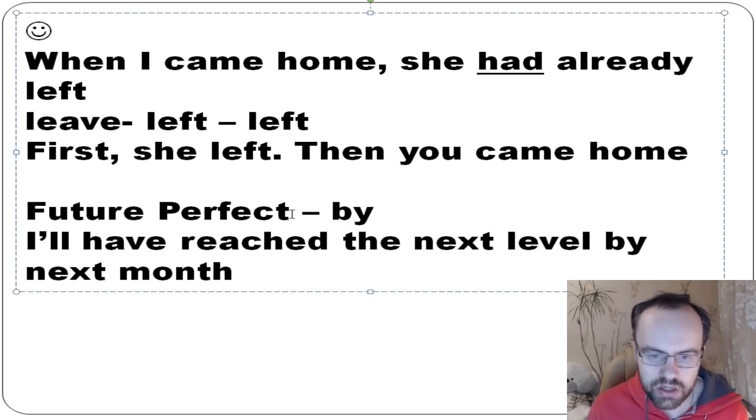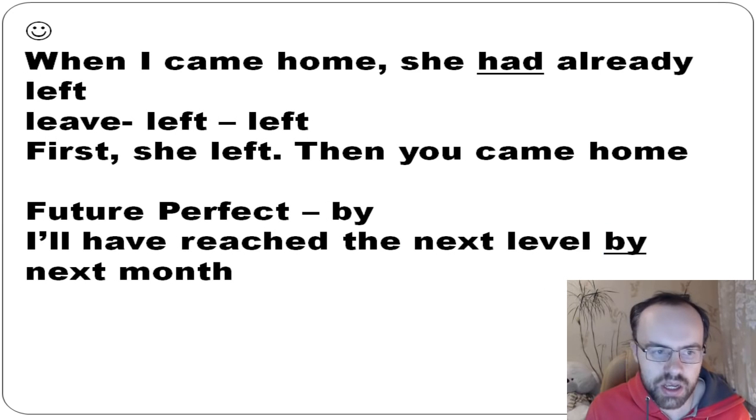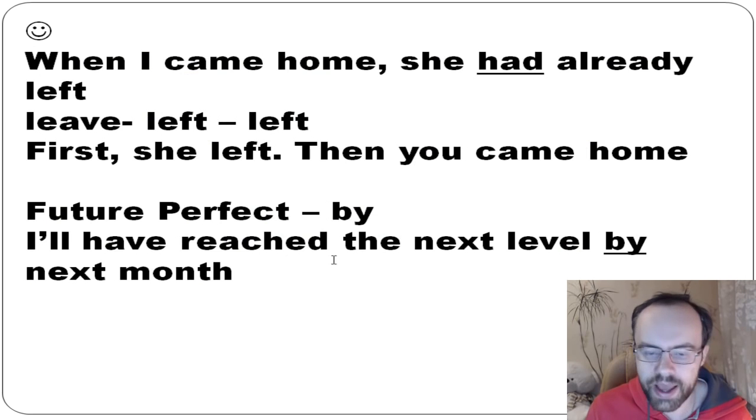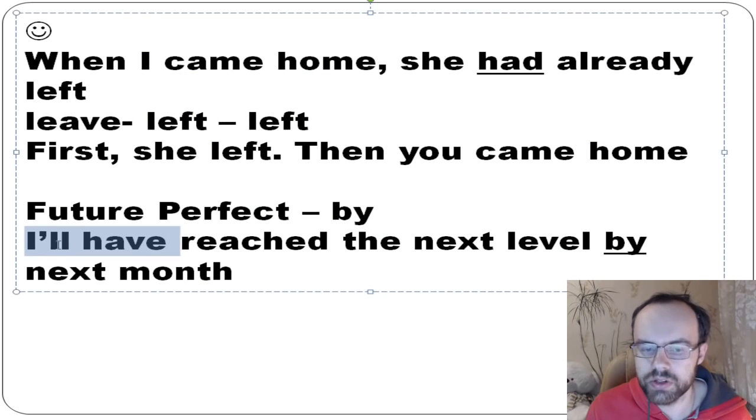This short word by tells us that we need to use this tense. The formation is we'll have plus the third form. We mostly use short forms: we'll have reached the next level by next month.